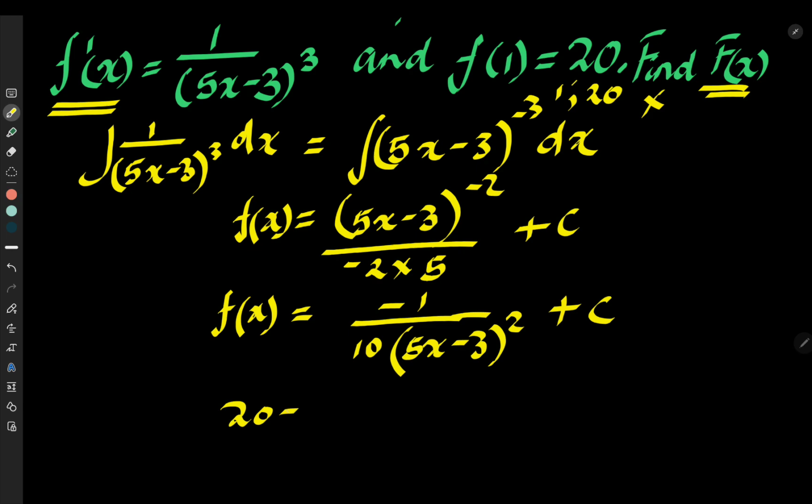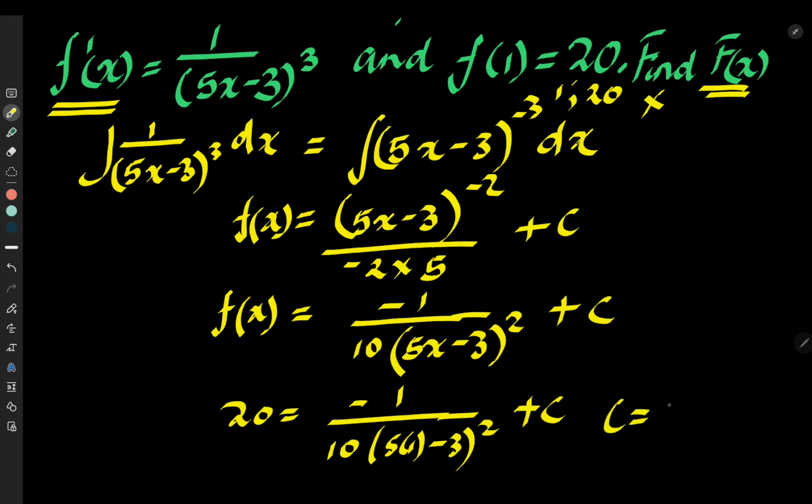So 20 is equal to negative 1 divided by 10 times (5 times 1 minus 3) squared plus a constant. The value of c in this case will be c = 801/40. It's a very weird number, but it doesn't matter.